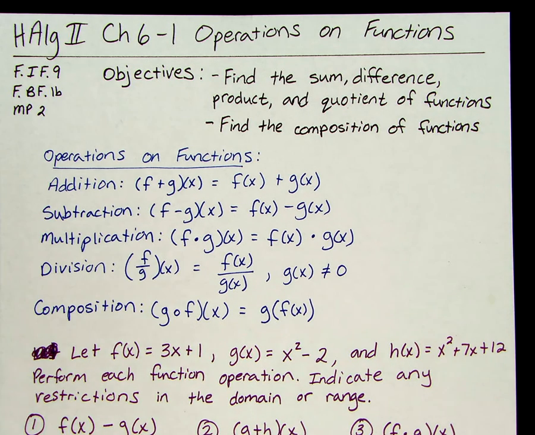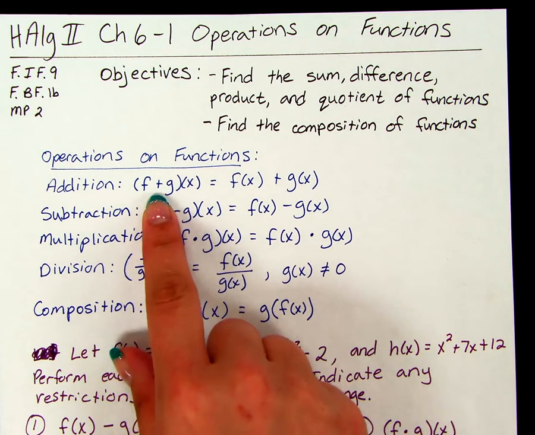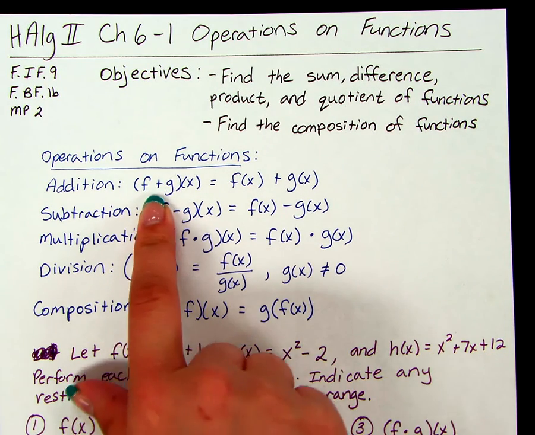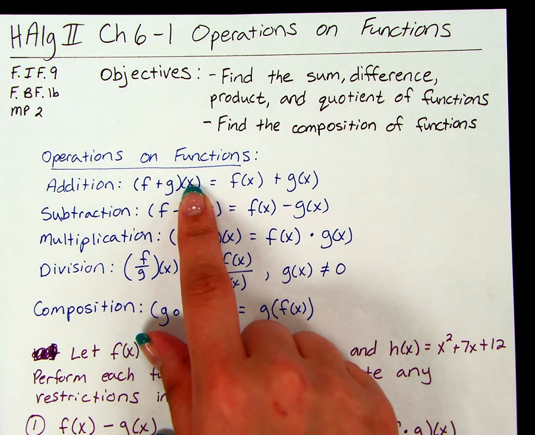We're going to be adding, subtracting, multiplying, dividing, and then the new one that we probably don't recognize is a composition of functions. All of these definitions are written in function notation. Remember that means this first piece is the name of the function, and then this is the variable in the function.